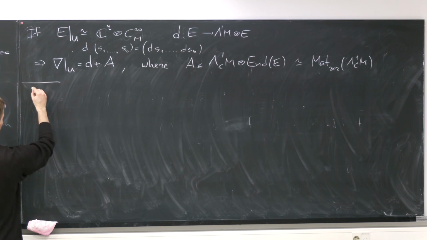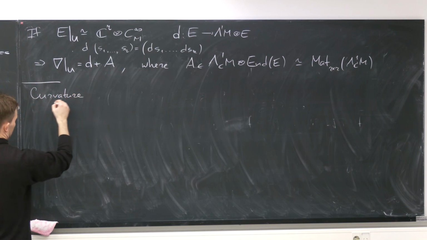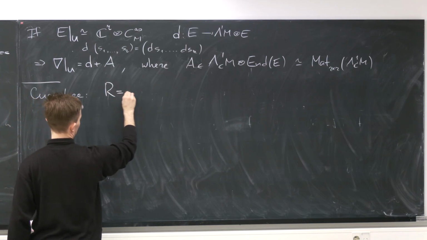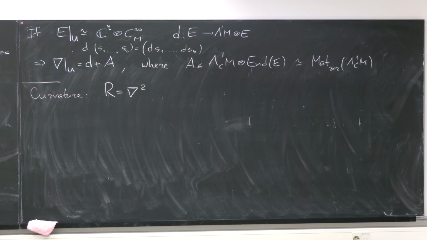And now the curvature. The curvature of a connection nabla is by definition nabla squared. So what does it mean? It means that I extend this nabla to an operator and then I apply it two times.